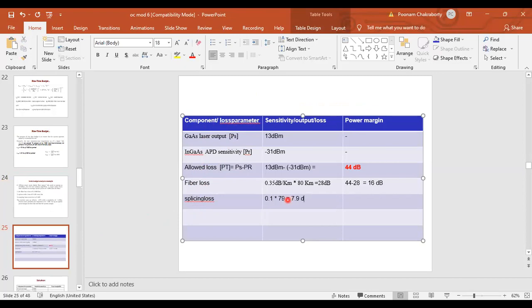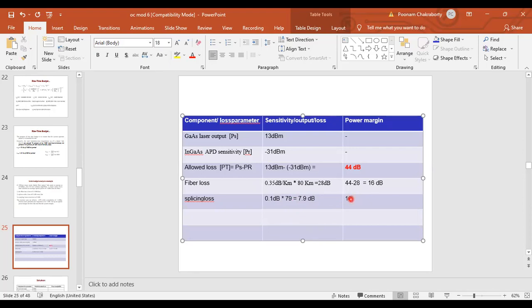7.9 dB. Okay, so my splicing loss comes out to be 0.1 dB per kilometer, and into 79, so 0.1 dB is the splice loss into 79. So here I just write down dB into 79 splices are there, so 7.9 dB. So again I subtract this.